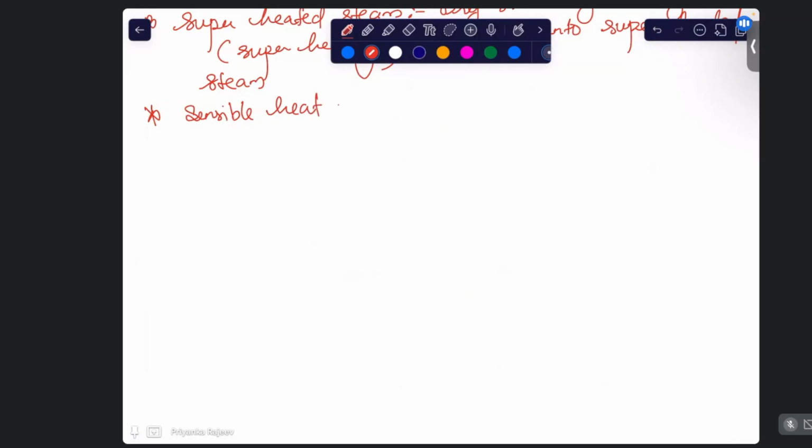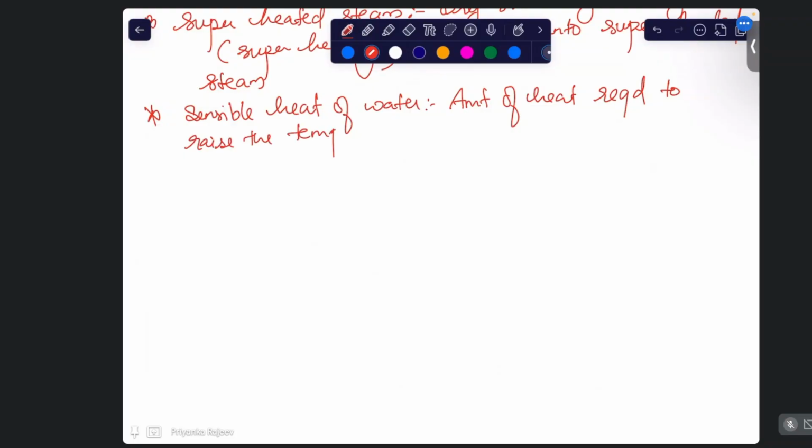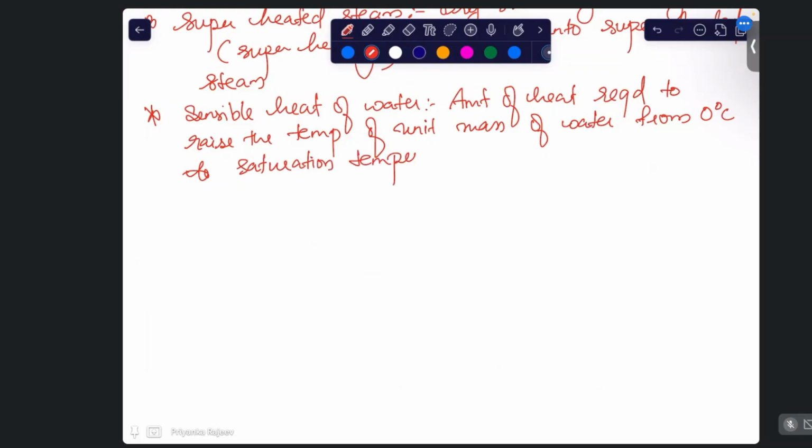Sensible heat of water means the amount of heat required to raise the temperature of unit mass of water from 0 degree centigrade to saturation temperature. It is usually denoted by hf.